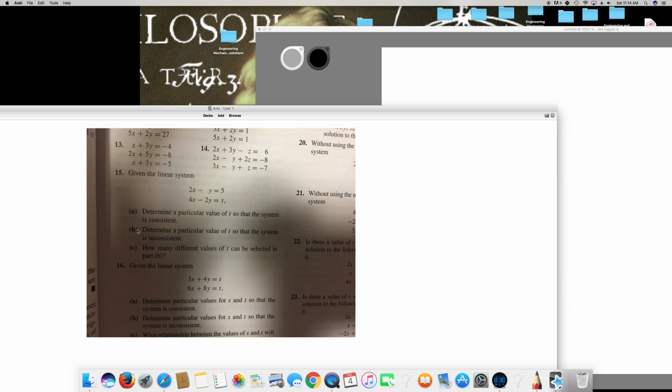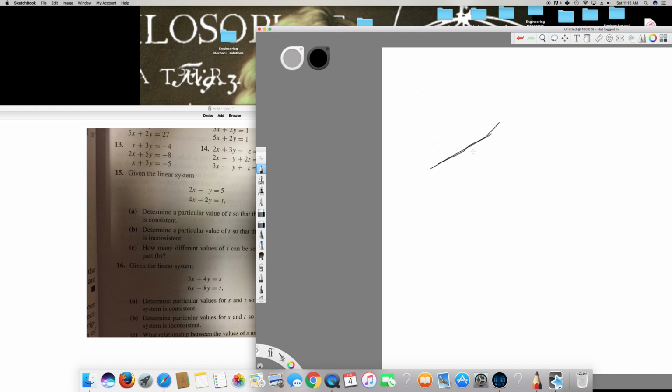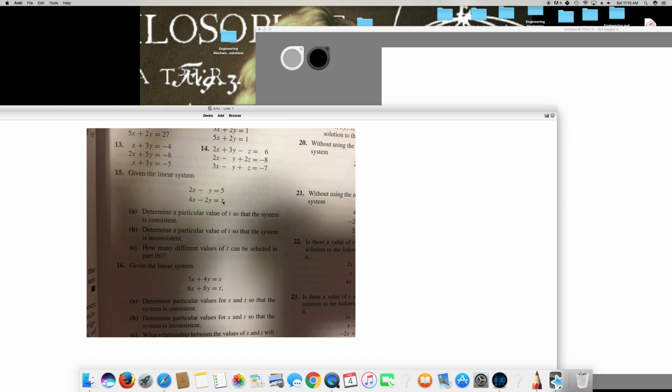And the second question is asking to determine a particular value of t so that the system is inconsistent. First of all, we found what consistent means: whatever value will give the coincident. So inconsistent means whatever value will not give it. In this case, it will be coincident only when it's 10.